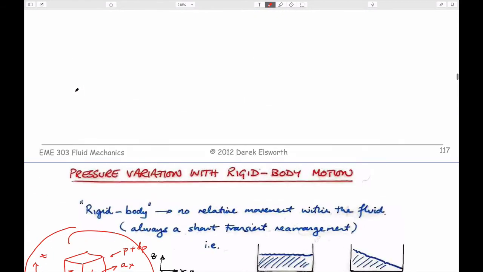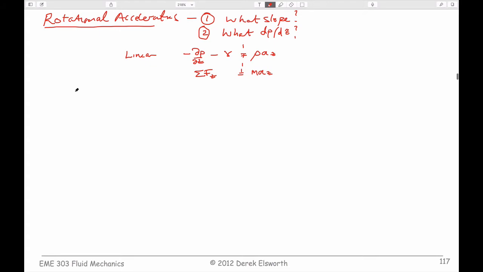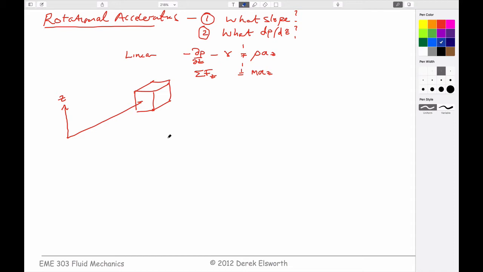But if we apply that to rotational accelerations, maybe we can draw another little diagram which illustrates the point. We have the z direction. Instead of the x direction, we have a radial direction. I'm just going to draw a little differential box on the end. Maybe I'll use some different colors because it makes it stand out.